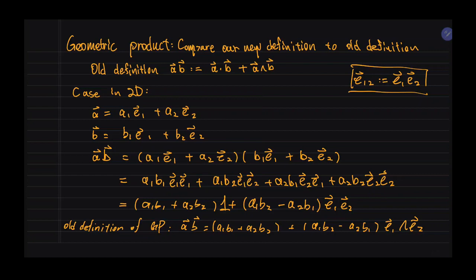However, we have now tested only between vectors. We will test what happens when we have a vector multiplied by a bivector in the geometric product, and this is the whole reason we want to introduce the new definition, right?